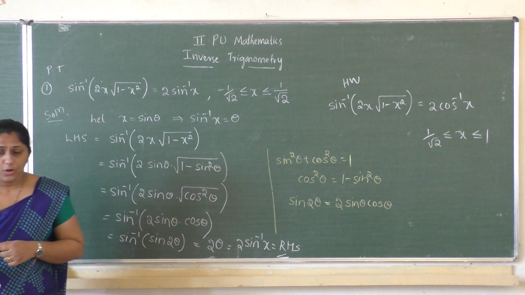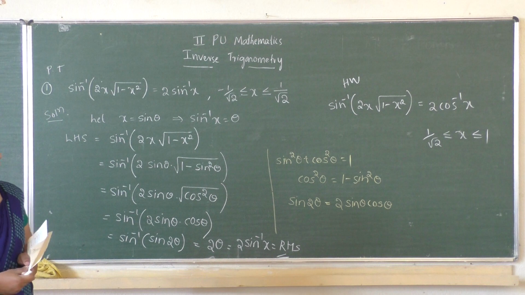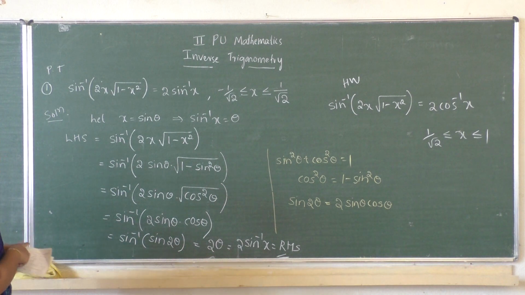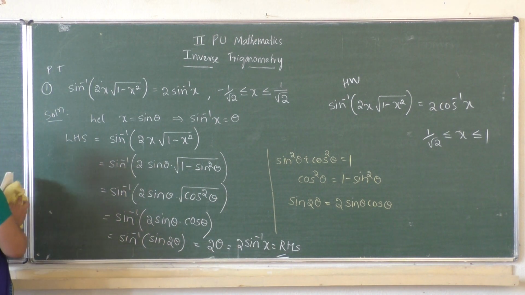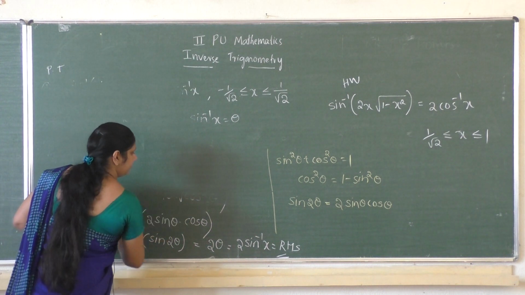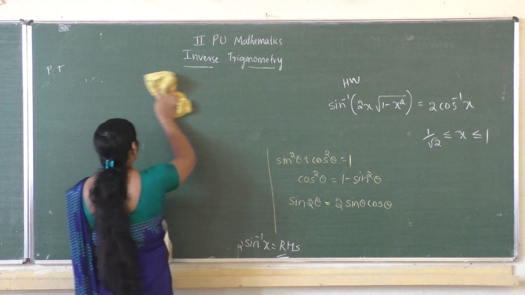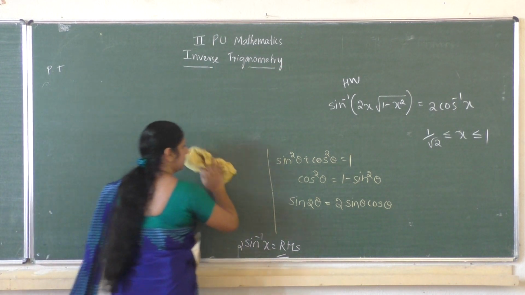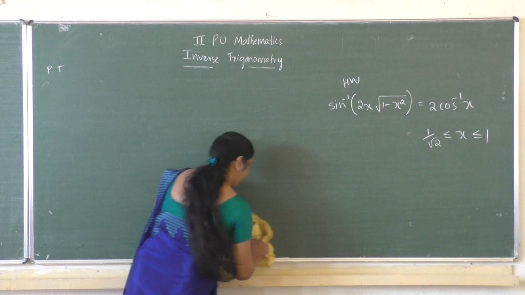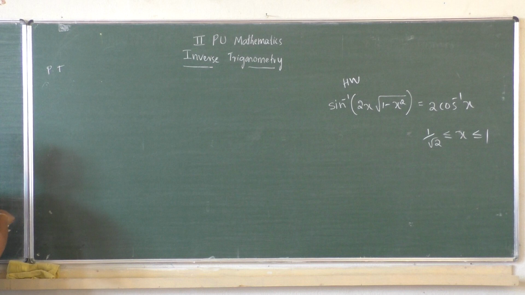Here you have to take x equal to which term? x equal to cos theta. So do that problem as homework. In order to do these type of problems, you must remember the formulas we studied in first year trigonometry.